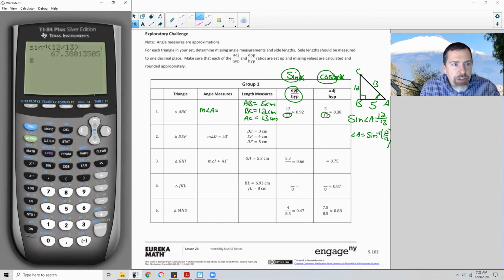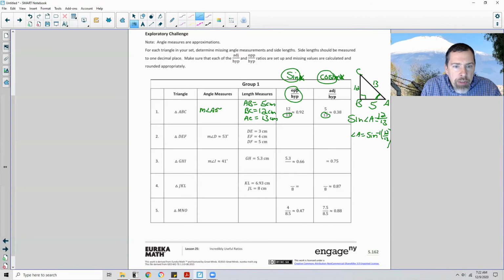And when I hit enter, that's going to give me a degree measurement. Now, before I go any further, I'm going to click on mode. Make sure you are in degrees, not radians. So if your calculator says radians, come down here, arrow over to degree and hit enter, and then go back and do your calculation. So this is approximately 67 degrees.